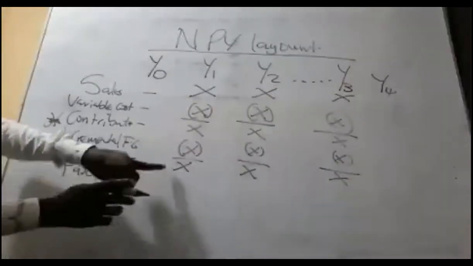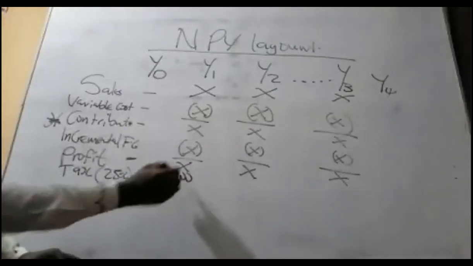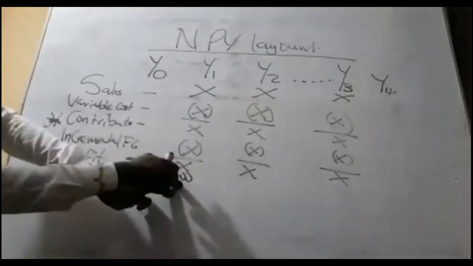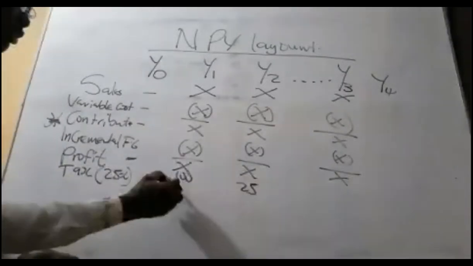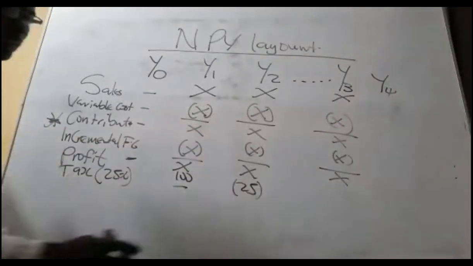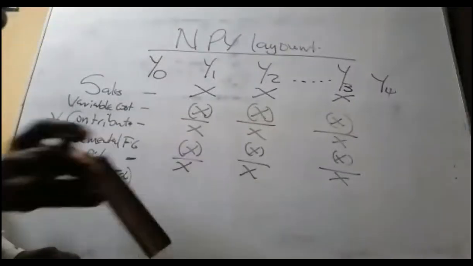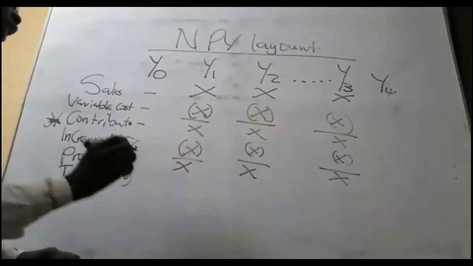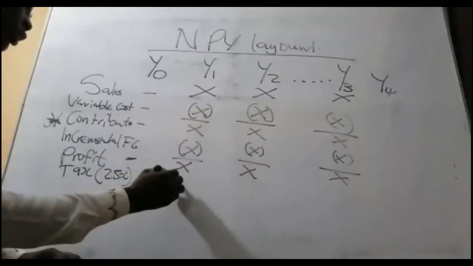So for year one tax, I'll do the calculation on this figure, assuming that year is 100. I'll calculate 25% on 100 and put it here. Here will be dashed, because the tax must be paid here. So I'll put it in brackets in that order. In short, if the tax is being paid one year in arrears, then year one tax will be paid in year two, so here will be dashed.